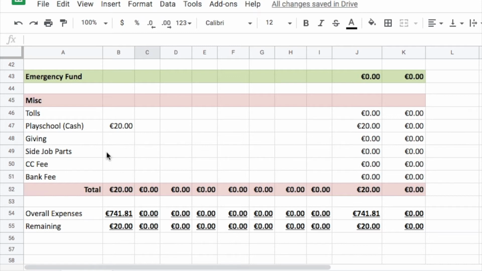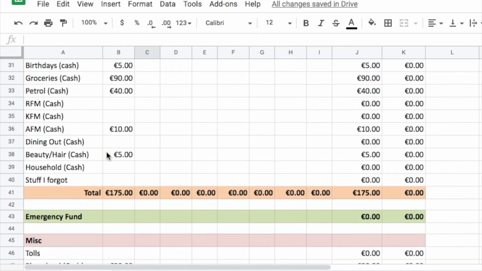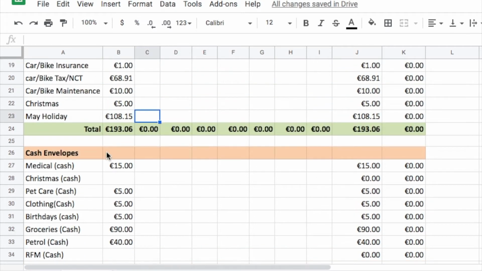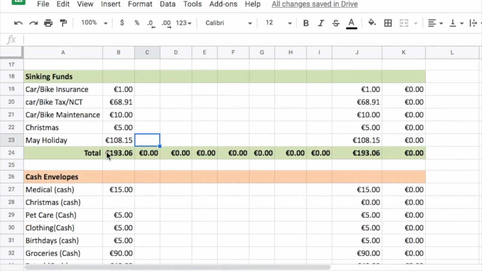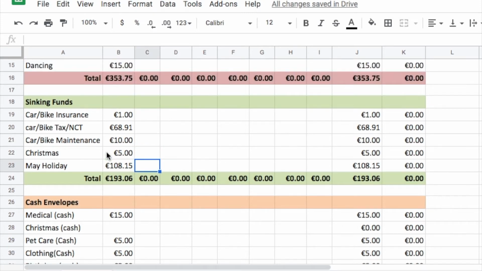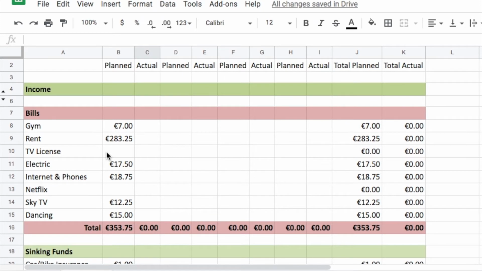Like I say, we don't share every single part of the budget with you guys. We don't share every single cent that we make, and I don't share where every single cent goes. But this is like 90% of it anyways.